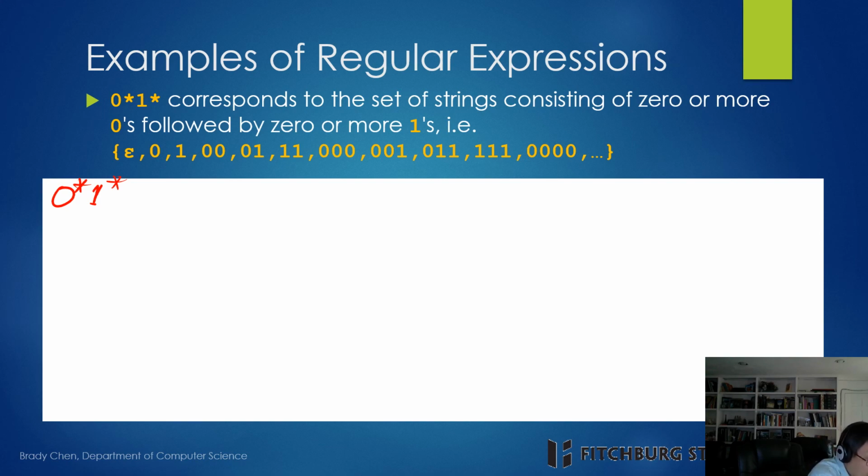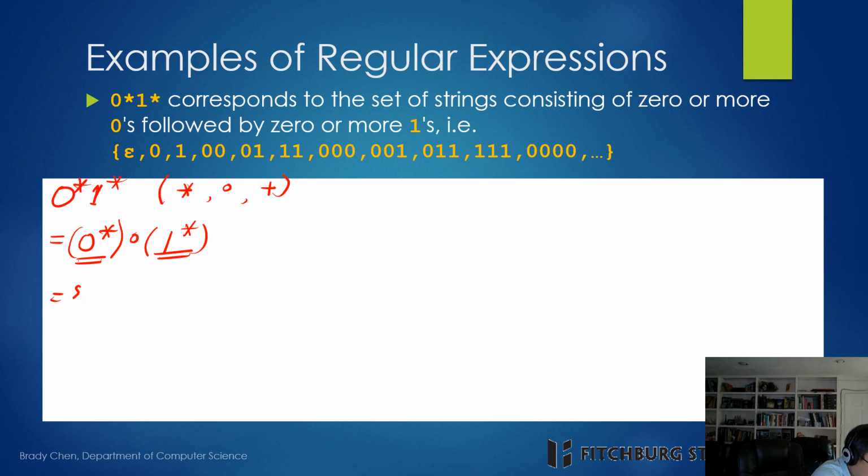We remember that the star operation always comes ahead of concatenation, ahead of union. So we interpret this as 0 star concatenated with 1 star. We first figure out the Kleene star of 0 and the Kleene star of 1.